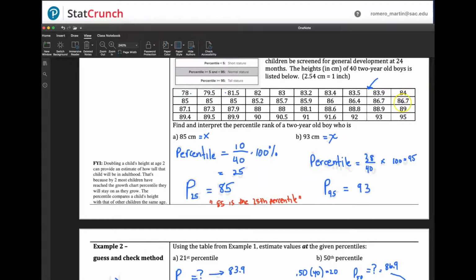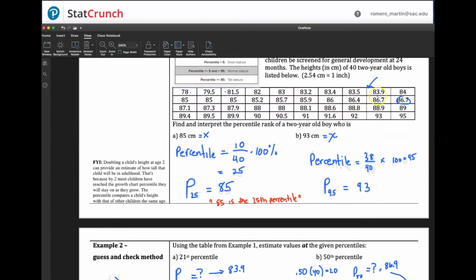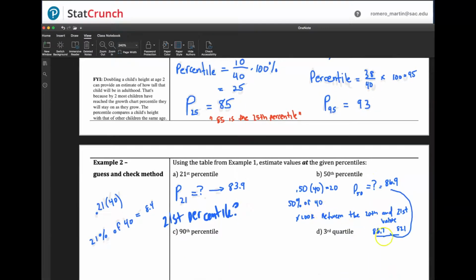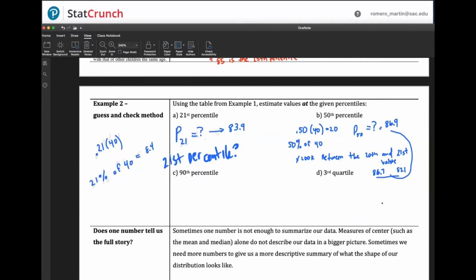Since we're at a location, we find the value in between the 20th and the 21st location. And then that would be our 50th percentile. In this case, you find the in-between of 86.7 and 87.1, and that turns out to be 86.9 because it's halfway in between.